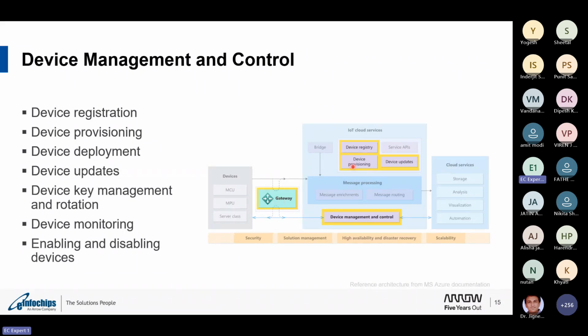So device provisioning service is a general service that you can use to also provision your device for deployment. And then you can regularly do the update to the device through the firmware updates, and you can do the key rotation so that your device always has the fresh key. And then you can monitor and enable and disable the device through cloud. So this is called device management and control.